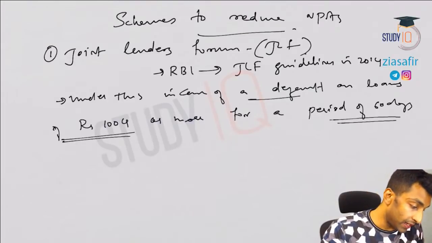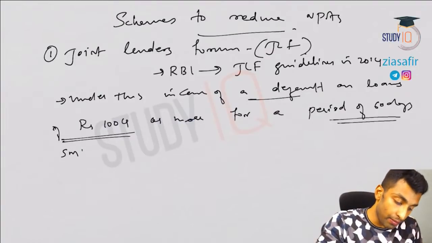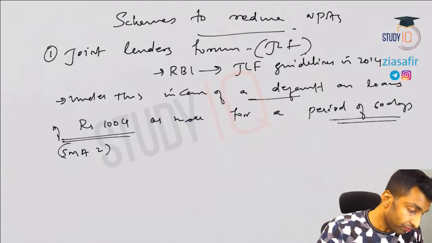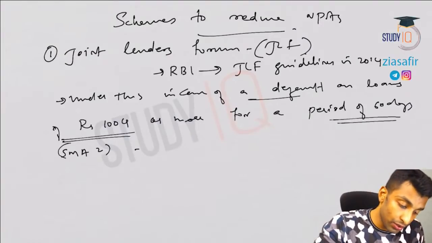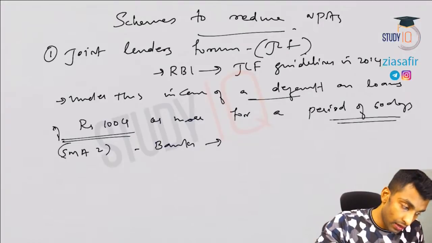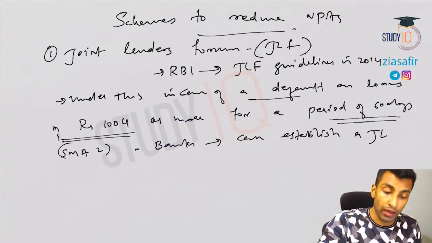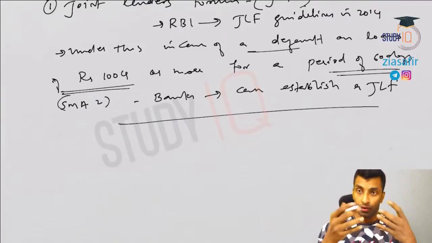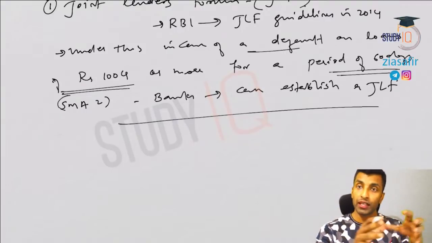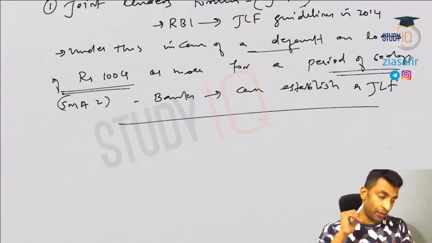So a period of 60 days means special mention account 2. In this case, the banks or financial institutions, the lenders, can establish a joint lenders forum. So if loans of 100 crore and more come under SMA 2, not yet NPA, with 60 days of default, JLF can be established.